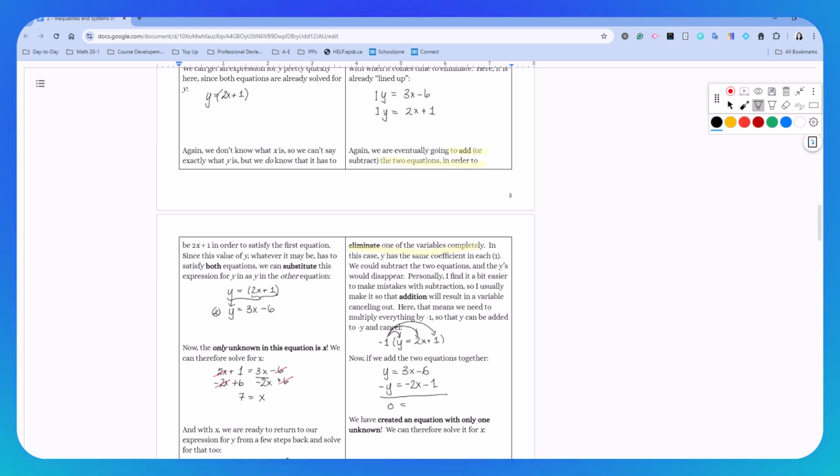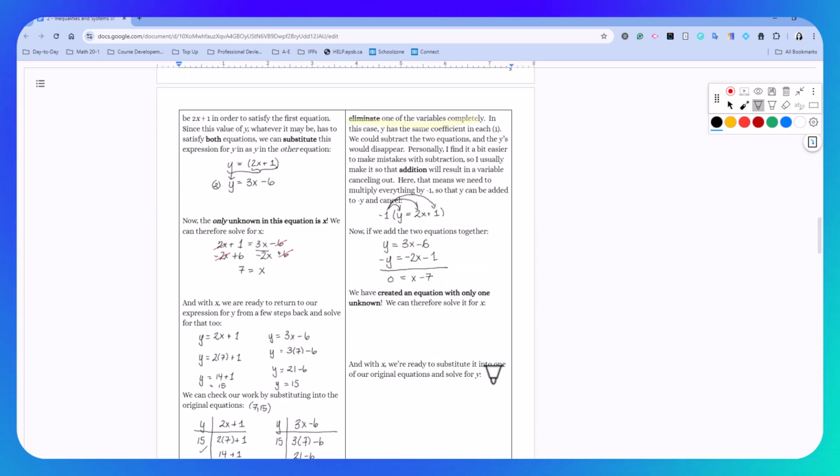And then 3x plus negative 2x is x, or 1x, and negative 6 plus a negative 1 is a negative 7. So now we have created an equation with only one unknown, so now we can solve for x.